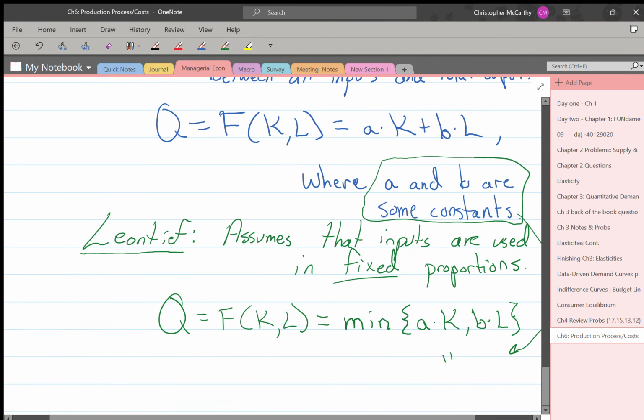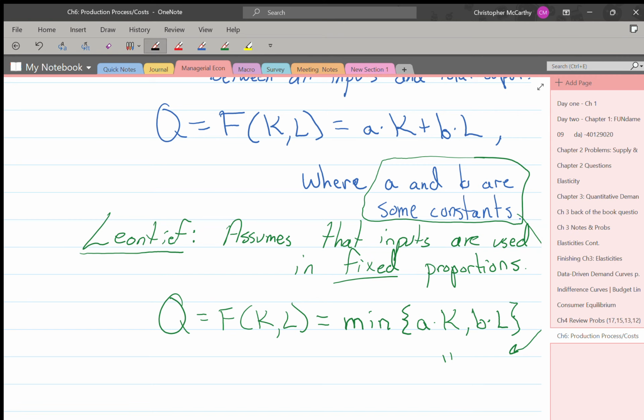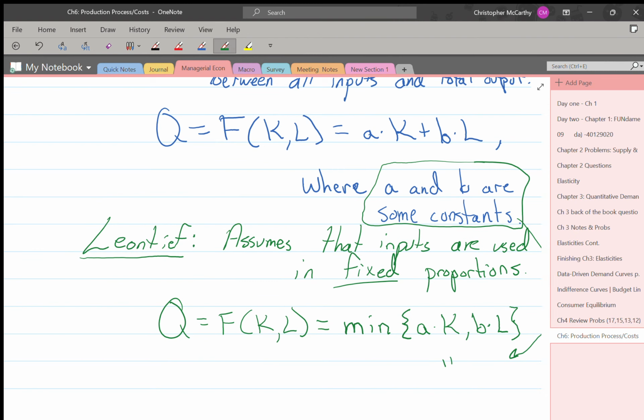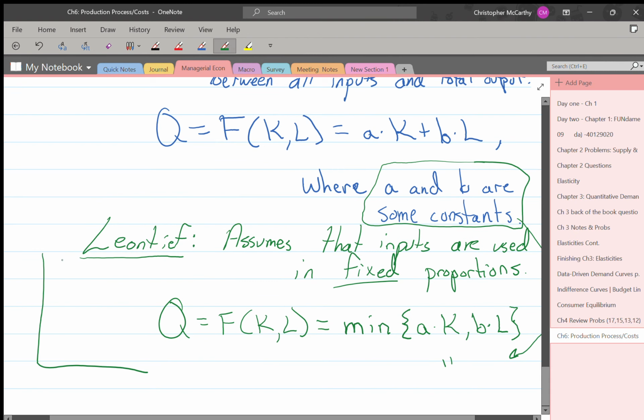And our last one before we put our notes away for our quiz is the one that's in between. So this Leontief looks something like this. Q0, Q1, Q2.